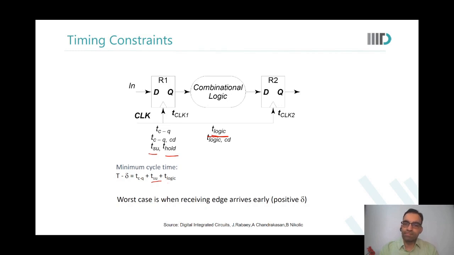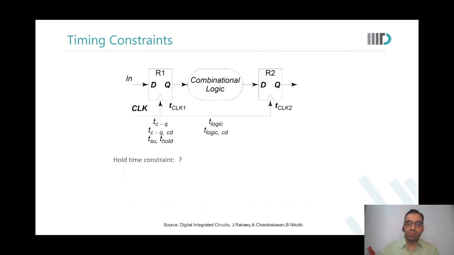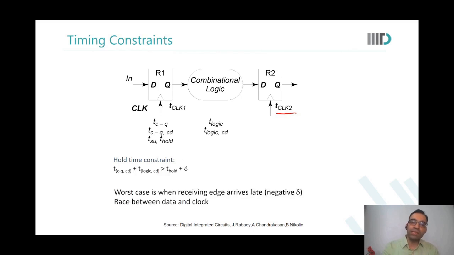Okay, right. Now, let us look at the other side also. Same flop, now what is the constraint that is put upon hold time? Over here, you will say that TCLK2 will arrive later than TCLK1. So we are now looking at the skew to be added in the hold time requirement.